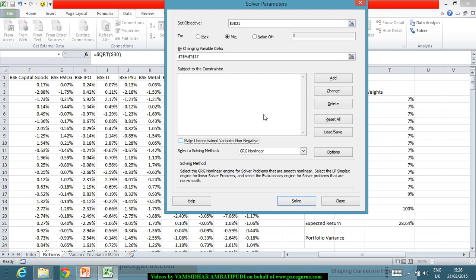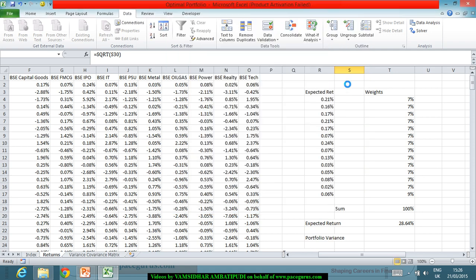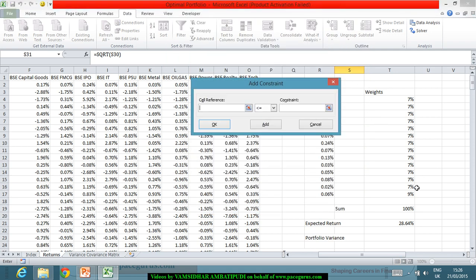Now what are my constraints? Initially, let me start off with the summation being equal to 1. I don't want to put any constraints on the weights, but sometimes I may say that those weights have to be positive only.